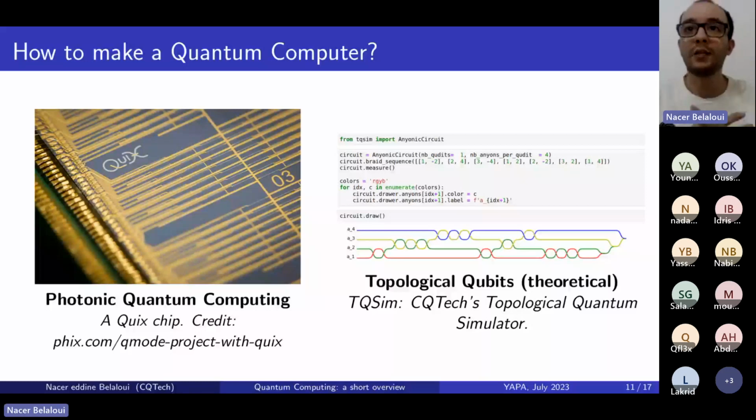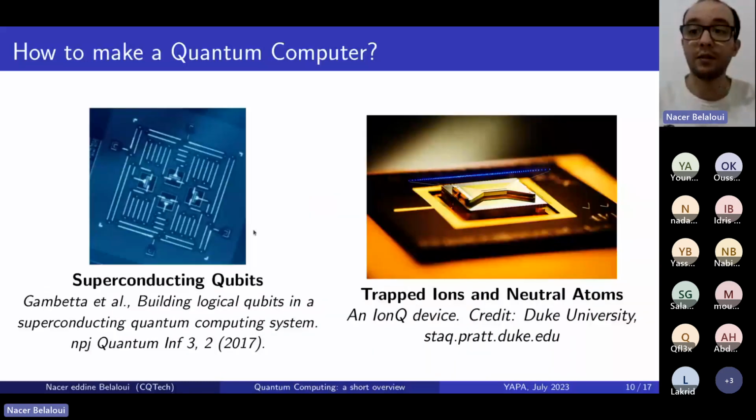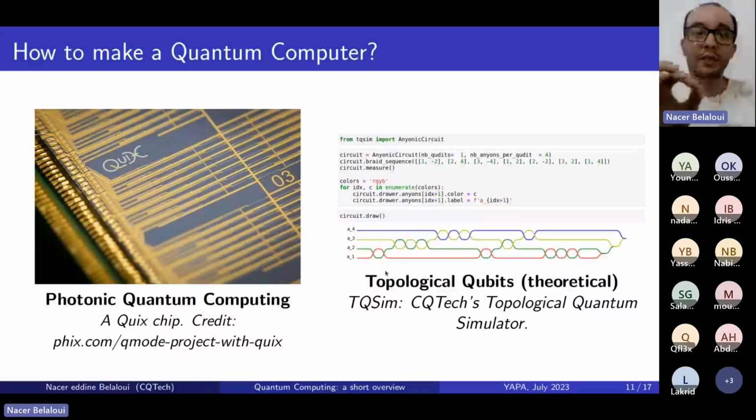The idea behind topological qubits is that, as you've seen with photonics and these three technologies, we store quantum information on individual particles or individual systems. And individual systems are very easy to perturb. Let's think of the environment as an evil adversary which tries to mess with our quantum information. The environment will not have to spend a lot of energy to change the quantum information.